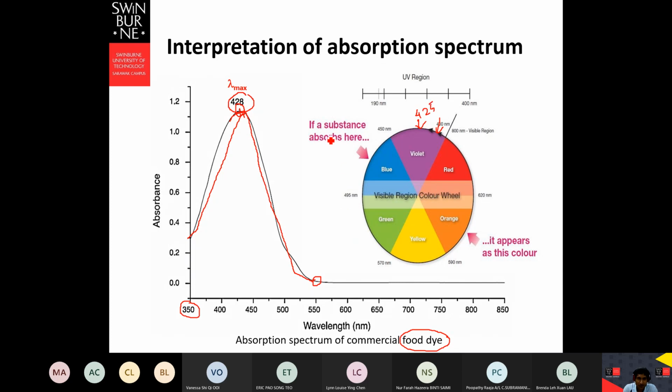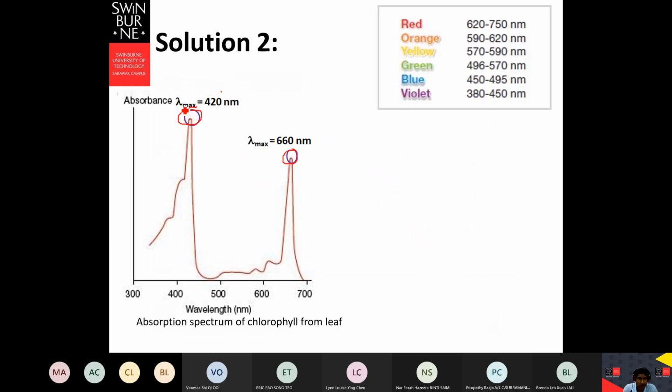So for the chlorophyll, it is absorbing 420, which is the violet light. 380 to 450 is the violet region, so at 420 nanometer it is absorbing violet.